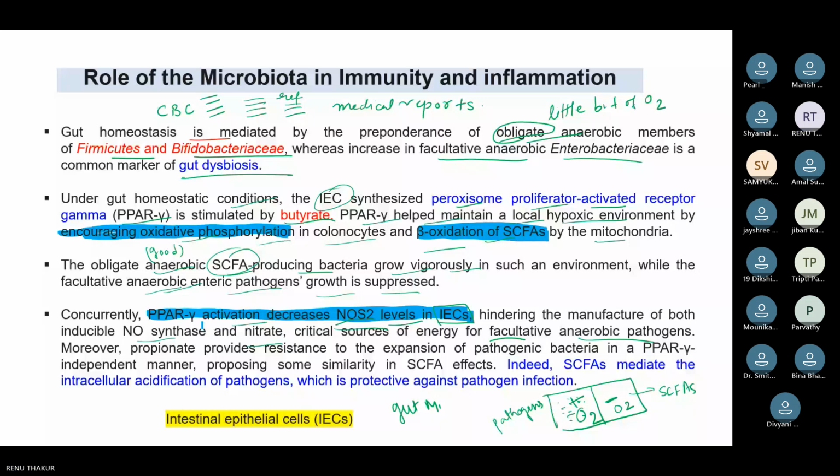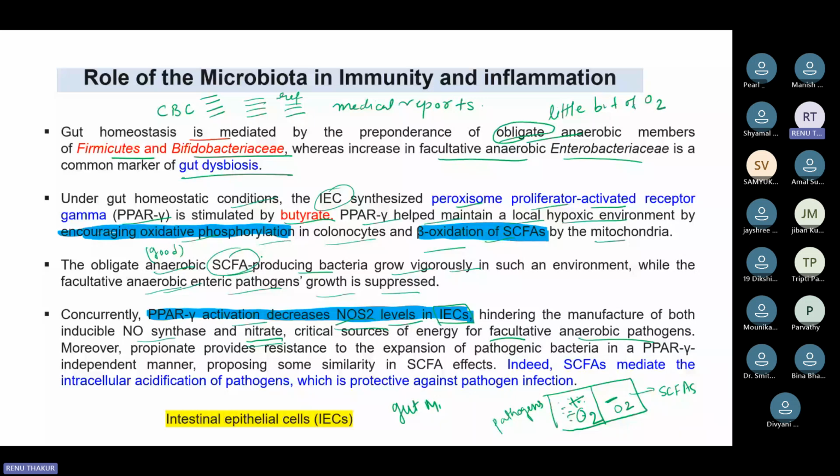If the pathogen's growth increases, it will cause inflammatory responses and different infections. So our protagonist, our hero, is the obligate anaerobes. So we have to increase the concentration of obligate anaerobes. How can we increase the concentration? We have to eliminate each and every oxygen molecule present there. If we allow even a single molecule of oxygen, it will promote the growth of these facultative anaerobic bacteria.